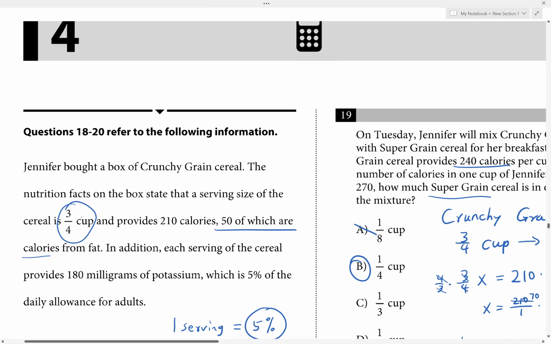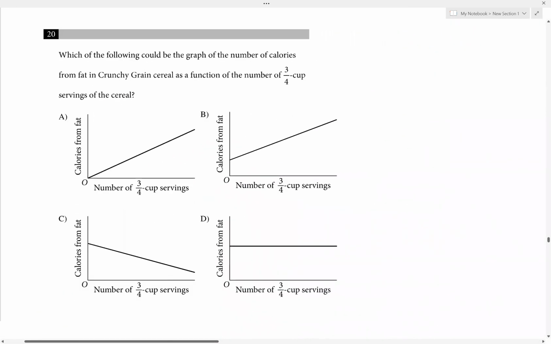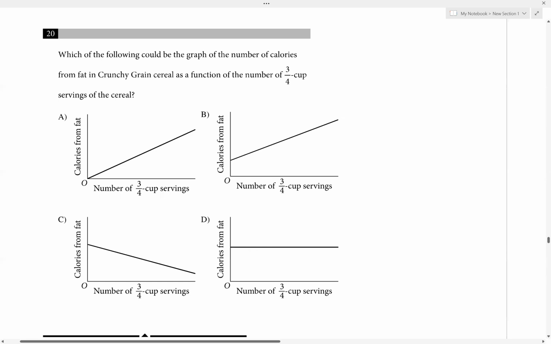Okay, that's what we know there. So this should give us a linear equation if you graph it, right? Because each 3/4 cup is 50 calories from fat, so it's a constant increase. For each additional serving, we get 50 more calories. So it should be a straight line.